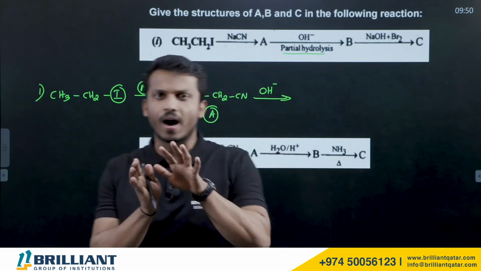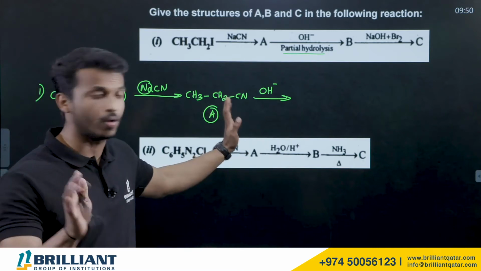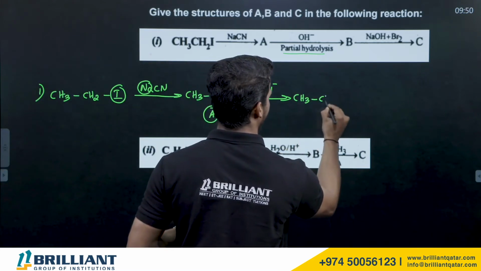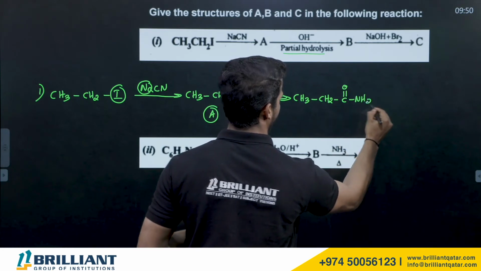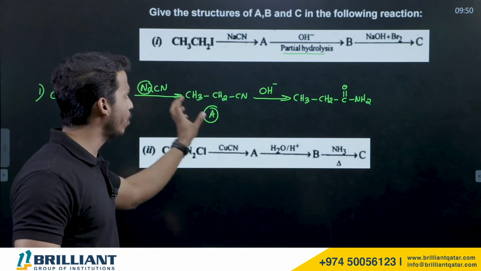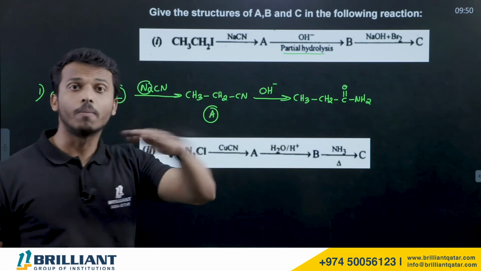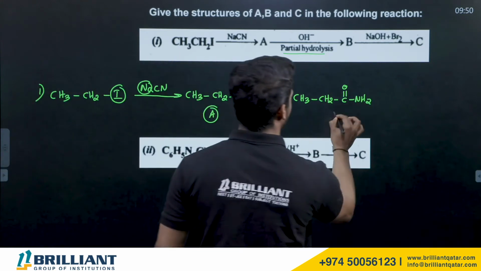There is no change in carbon, okay? So this is a 3 carbon containing cyanide, so you will get a 3 carbon containing amide: CH3CH2CONH2, propanamide. Okay, so this is your amide B.